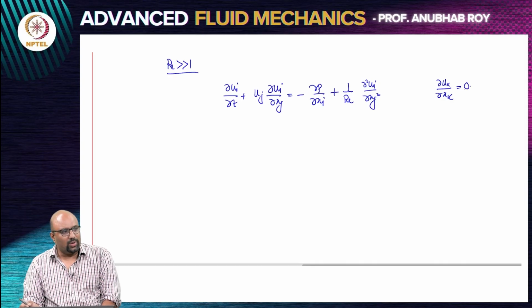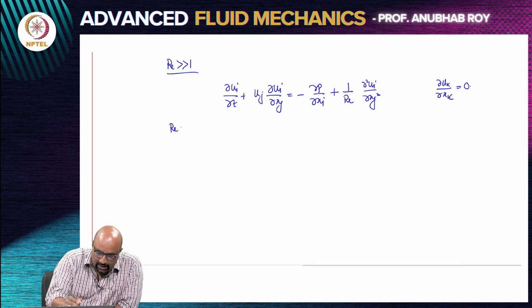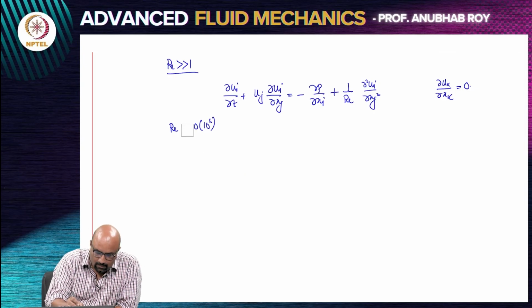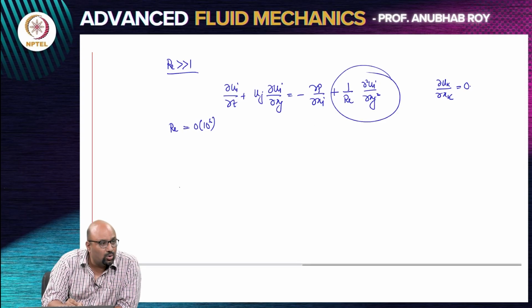When you are looking at very high speed flows, you remember in the airfoil example that I showed, the Reynolds number was of the order of a few million. So, if the Reynolds number is of the order of a few million, can we completely ignore this term?